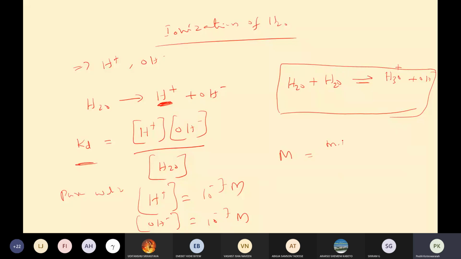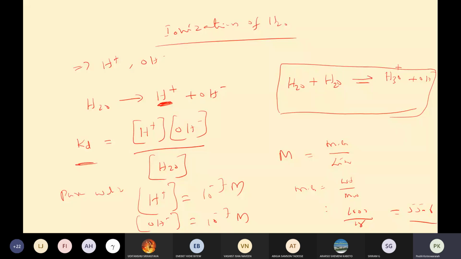The molarity is equal to the number of moles of water divided by the volume, that is 1 liter. The number of moles is weight divided by molecular weight. The weight of 1 liter of water is 1000 grams, divided by the molecular weight, 18. If you substitute, we get 55.6, so that is the molarity of water.